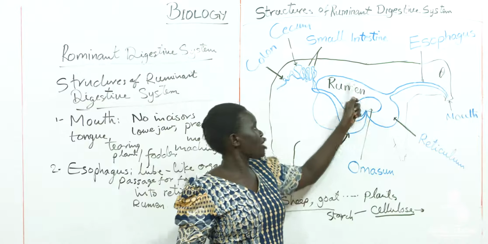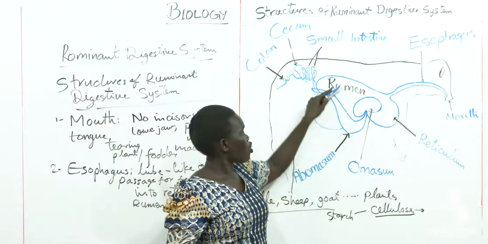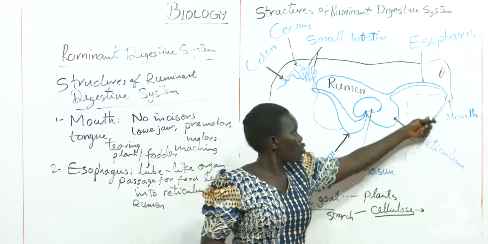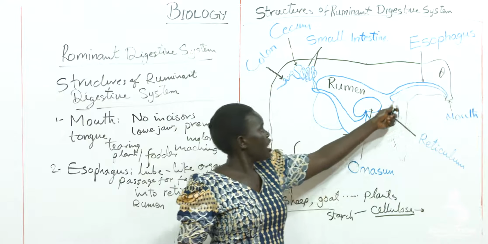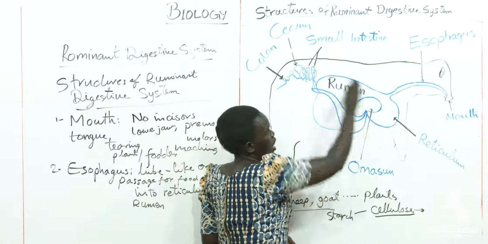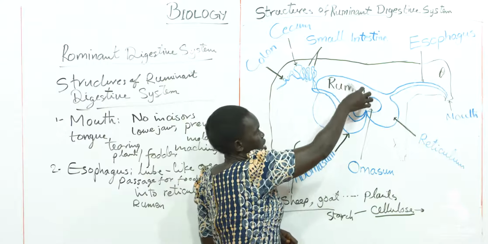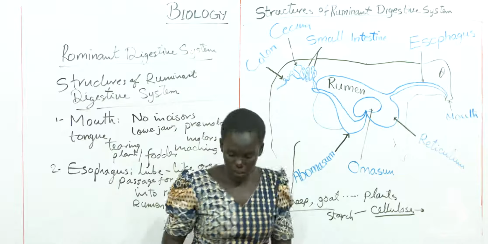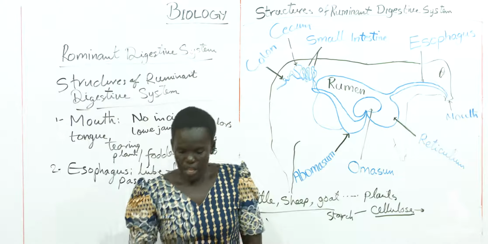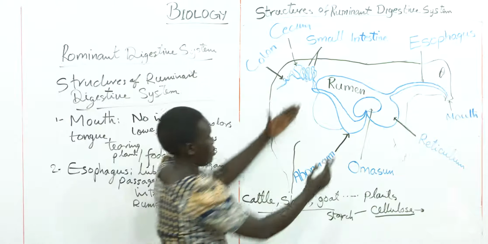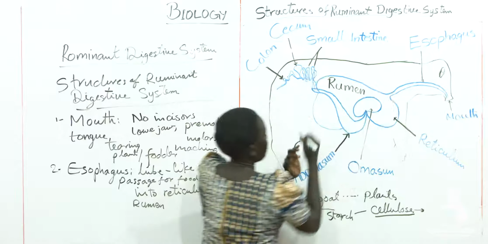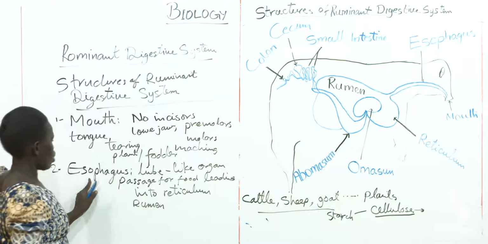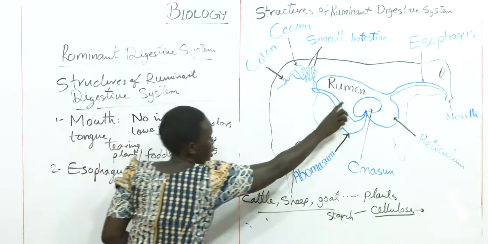These are the first and the second room. The rumen is very big compared to the reticulum. When you look at the structure here, the esophagus leads into the reticulum here and the rumen here. The rumen covers all this area up to here. Then we come to the stomach, which is this part, divided into 4 rooms. From mouth to esophagus, then from the esophagus to the stomach.